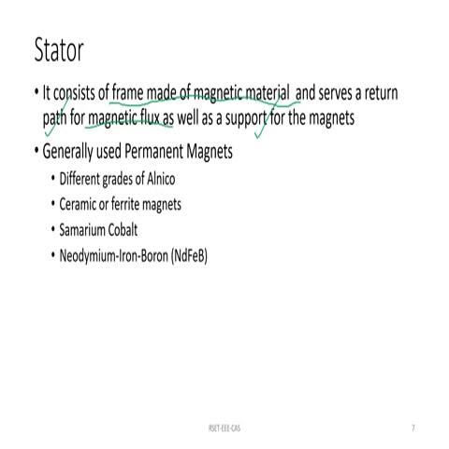Now different permanent magnets used for the stator construction: different grades of alnico, which is an alloy of aluminum, nickel, and cobalt; ceramic or ferrite magnets, which are commonly used permanent magnets; samarium cobalt; and neodymium iron boron.